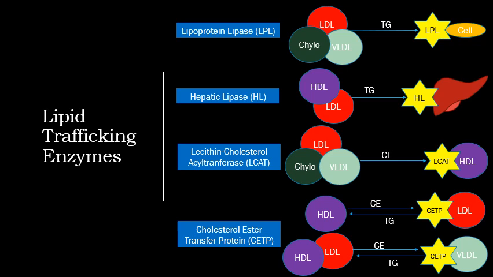CETP can take triglyceride out of an LDL and put it into an HDL in exchange for a cholesterol ester. And CETP can also take triglyceride out of a VLDL in exchange for a cholesterol ester from both LDL and HDL. When and how much it trades depends on the needs of the body.